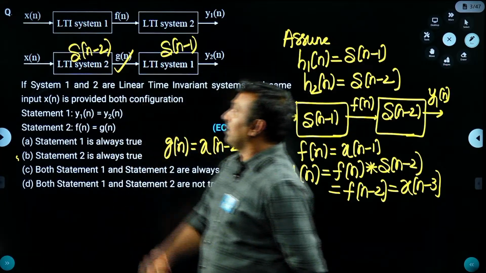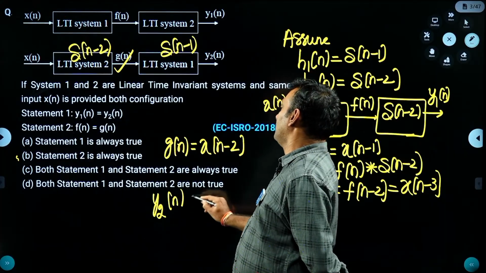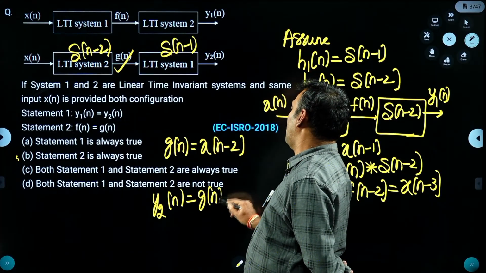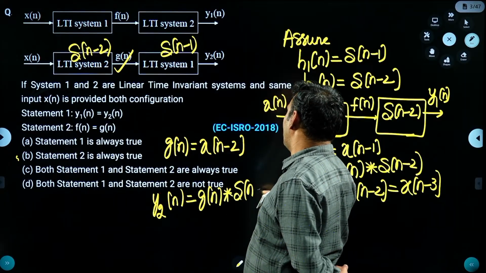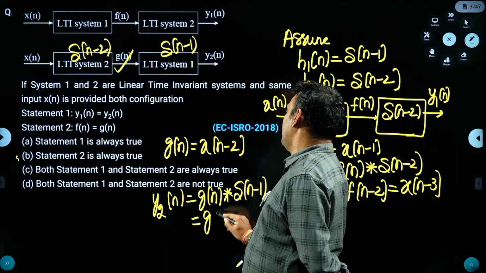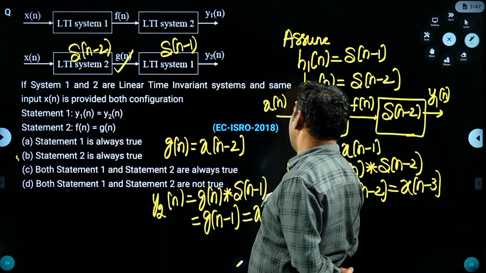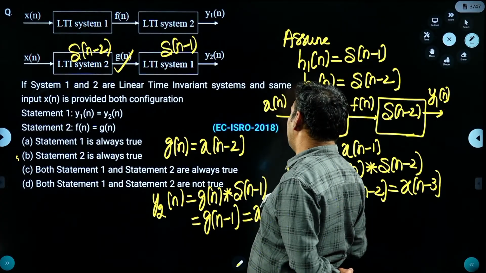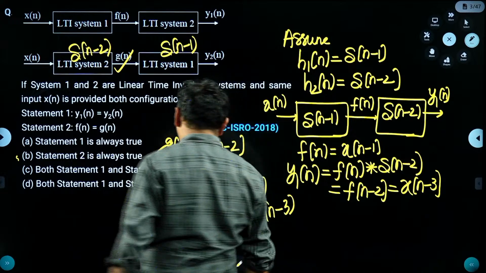But what is y2 of n? G of n convolved del of n minus 1, that means g of n minus 1, which is simply x of n minus 3, as we know g of n is x of n minus 2.